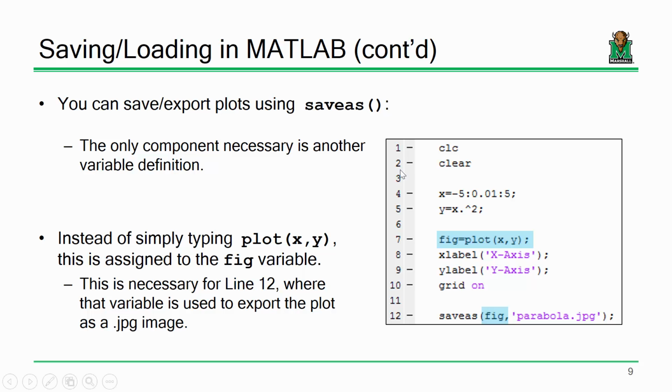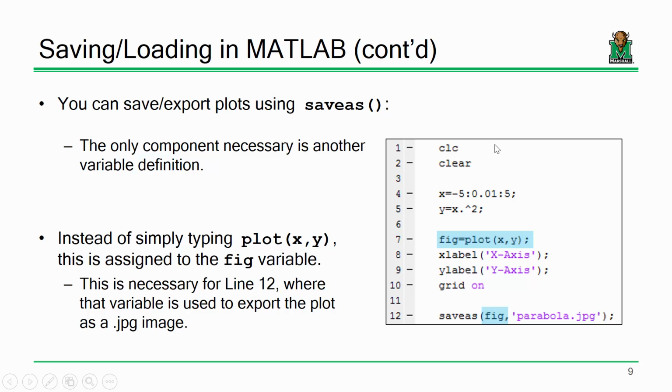And so in this example script, you can see that we're defining a range of numbers from -5 to 5 in increments of 0.01. And then all we want to do is square each one of those. And remember that since we're squaring each term in here, we have to do the dot exponent operator.